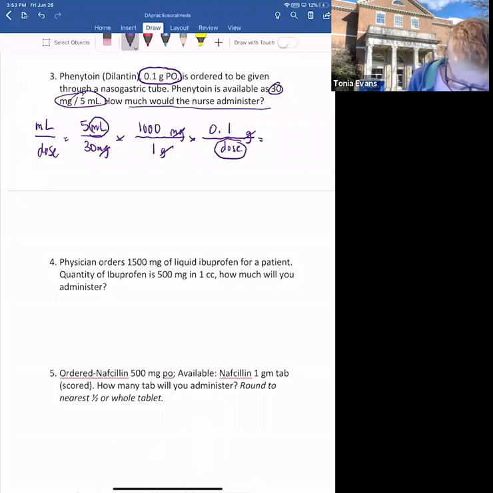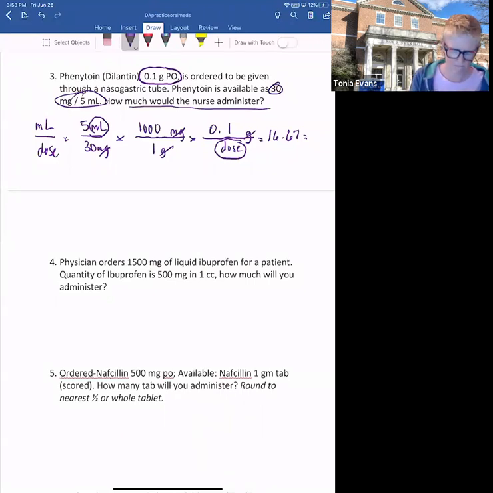So I've got 16.67. Now, I don't have the rounding rules on here, but your rounding rules on exams are going to be on your test.